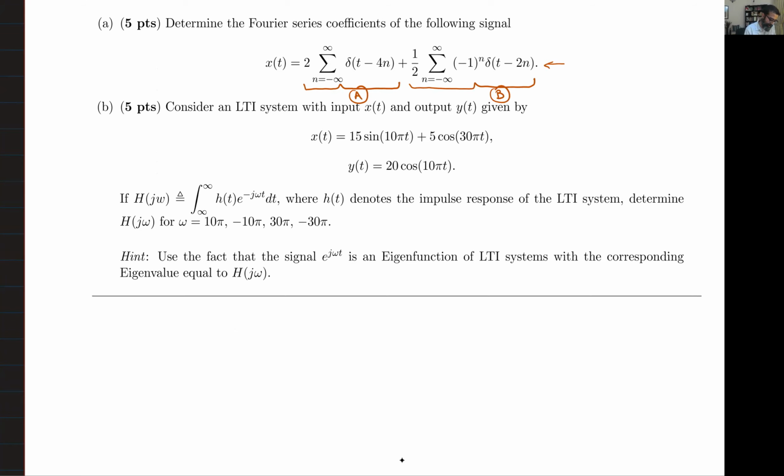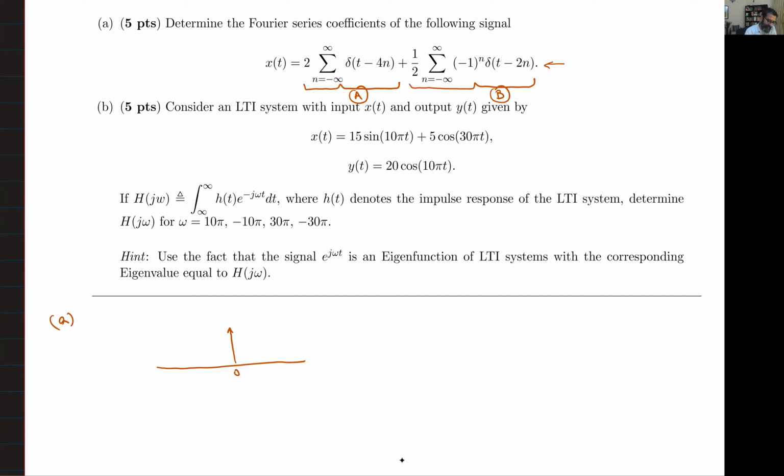So this is part A. What would term A be? It is a series of deltas, so it's a train of impulses, right? The first one is going to be at time t equals 0.